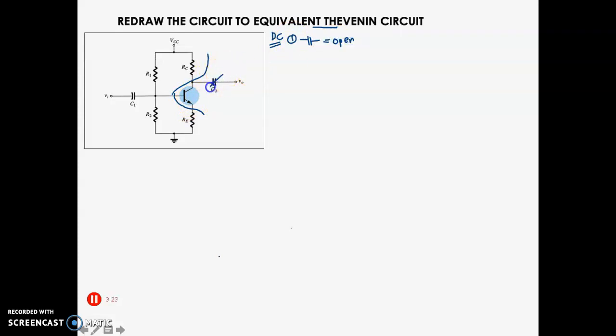So now there is no more connection to your input signal and your output signal, and your transistor will become: here is R1, here is R2, here is your BJT, here is your RC, and both RC and R1 are connected to your VCC, and here is your RE and R2. All are connected to the ground.